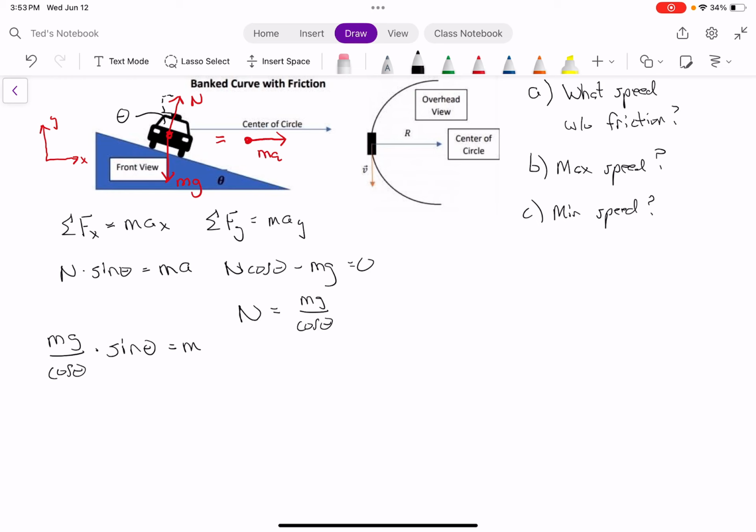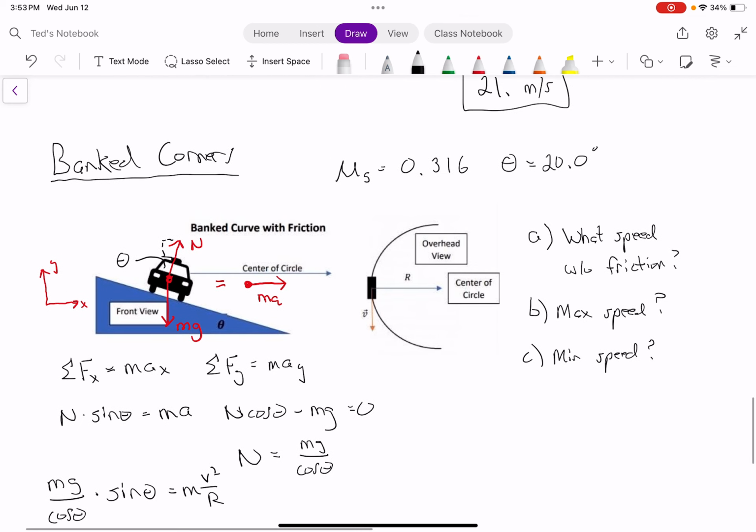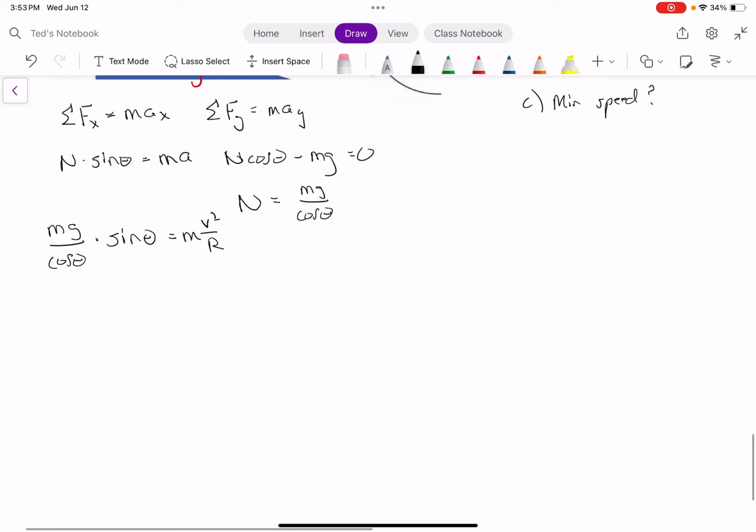And now for a, I can plug in v squared over r because we are traveling in a circle. Okay, I guess I should have given the radius of the circle as one of the givens for the problem. So let's say that this is 50 meters. All right, let's see. My masses cancel, and sine divided by cosine is tangent.